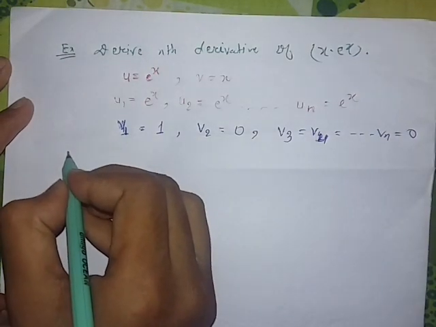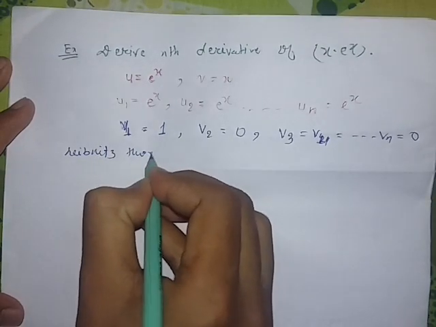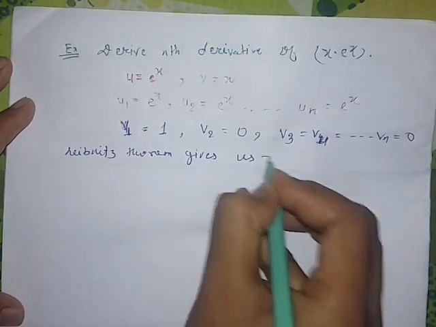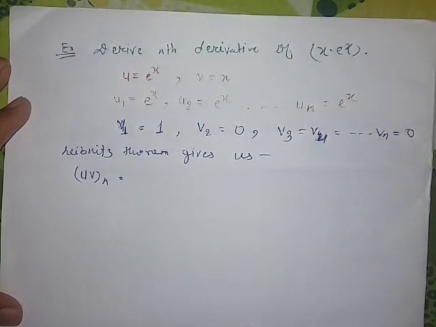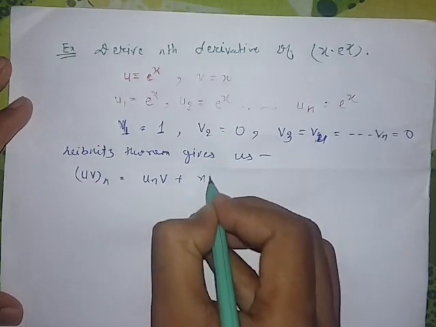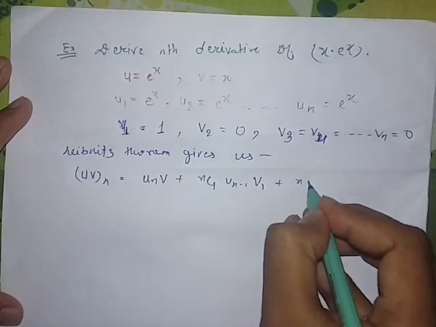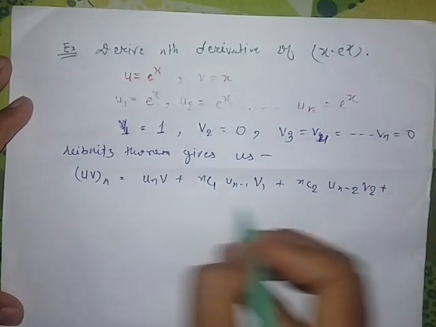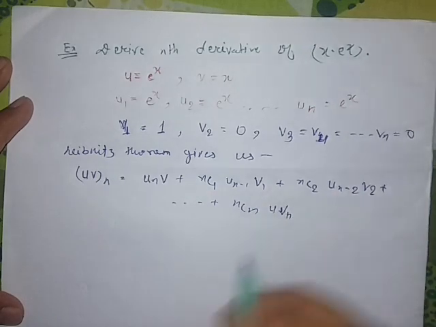Now Leibnitz theorem gives us the nth time derivative of uv as un v plus nc1 u n minus 1 v1 plus nc2 u n minus 2 v2 plus dot dot dot plus ncn u vn.